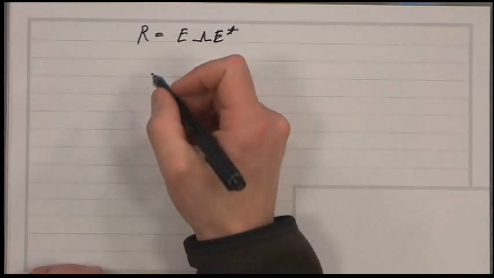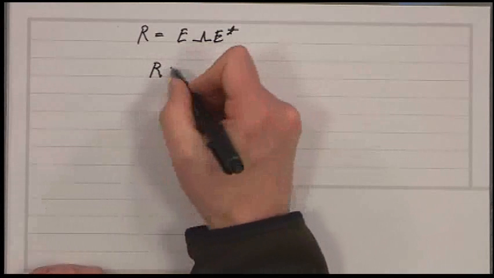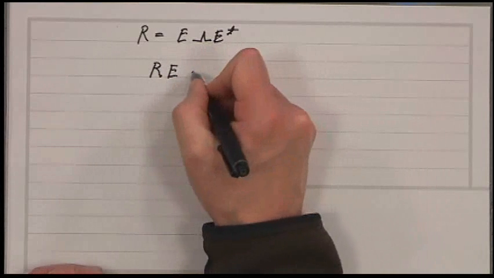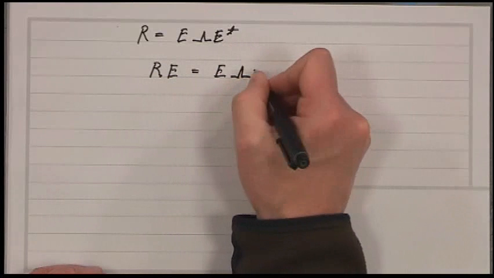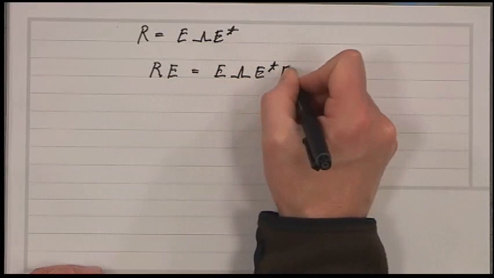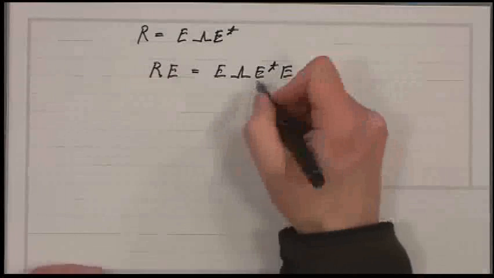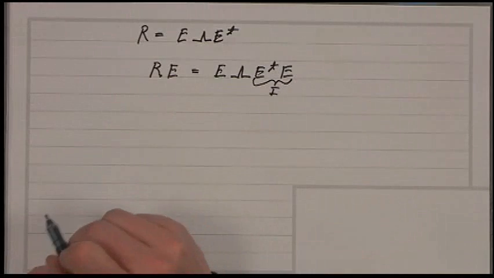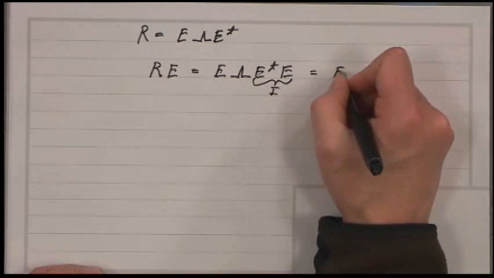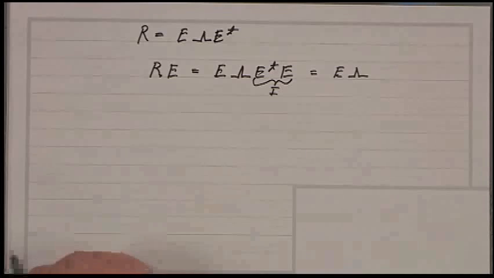So that means that R times E is equal to E times lambda times E transpose times E, right? But E transpose times E is I, so this is really just equal to E times lambda, right?